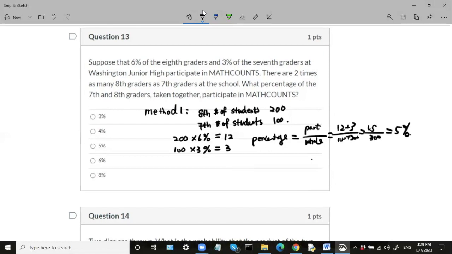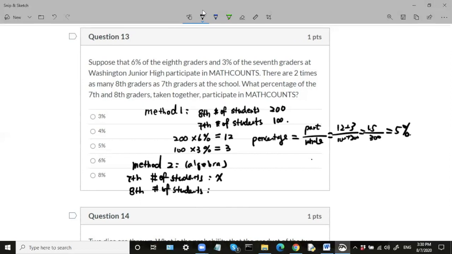Okay, so method 2, algebra. We can set a variable. Let's say the number of 7th grade students is X. Then the number of 8th grade students is 2X.